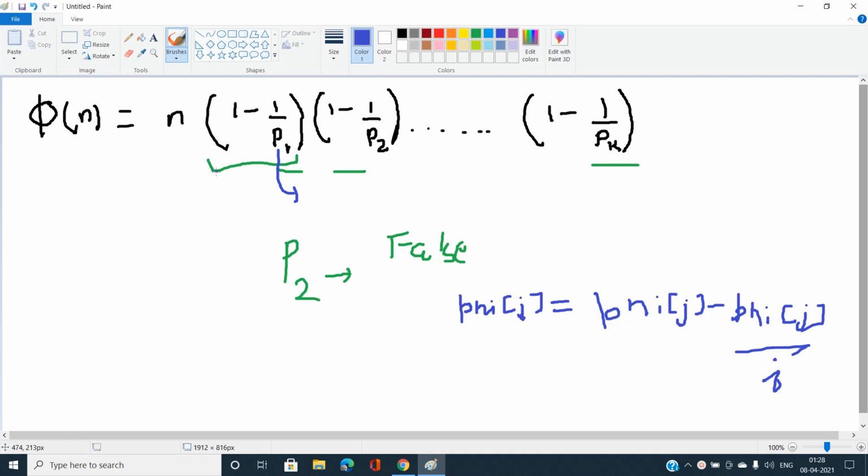Whenever we find a prime factor for a particular number n, we need to multiply that value by 1 minus 1 upon this prime factor. So whenever we find a prime factor, we do that for every multiple of this prime factor and change that value. We are going to do that efficiently, like in the sieve of Eratosthenes algorithm.